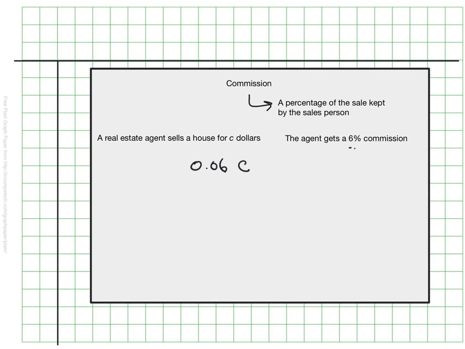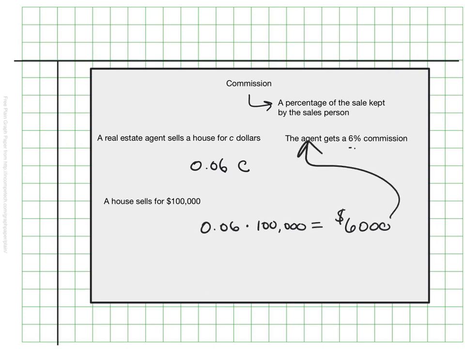And if they sell a house for $100,000, then we would take this equation and substitute in $100,000, and then we would be able to figure out that that would be $6,000 that goes to the agent. They get to keep that, the seller keeps the rest. Pretty easy calculation if we have an expression that we can just plug it into or substitute into.